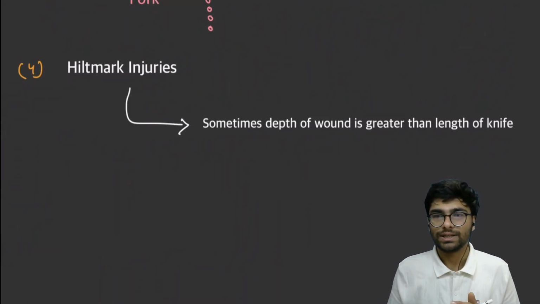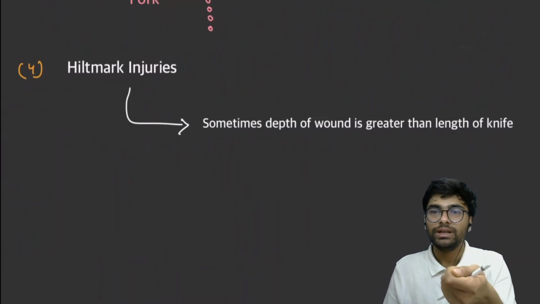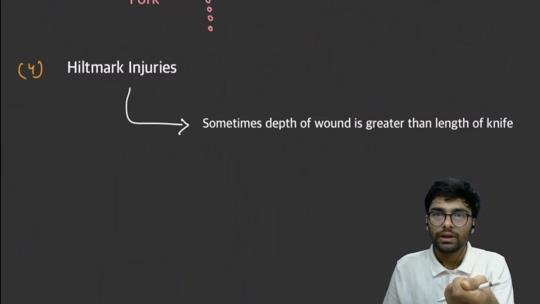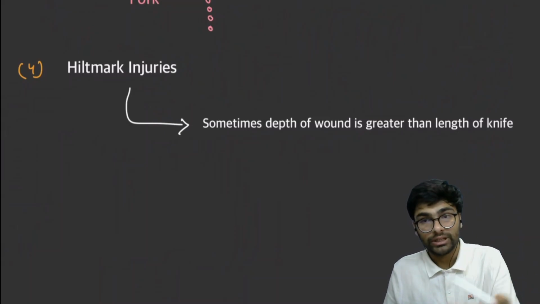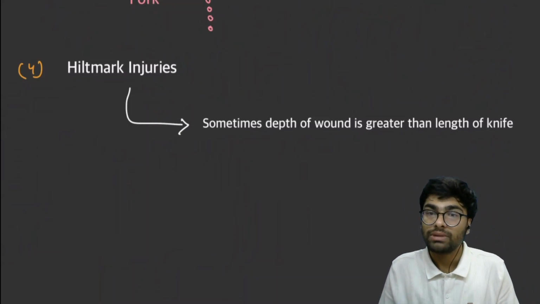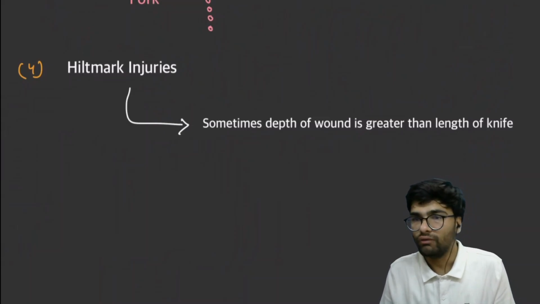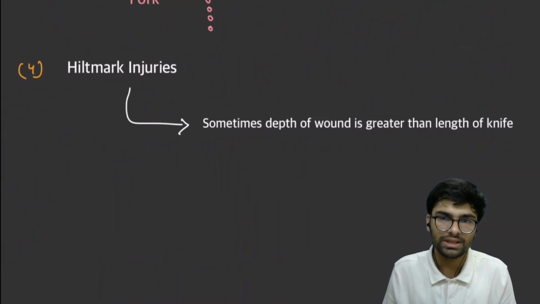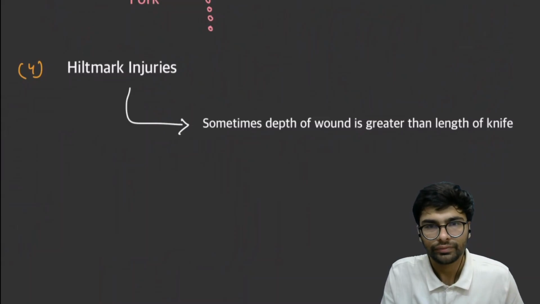But this is not the case. If you insert the whole 10 centimeter knife into the body, then the wound will be 11 centimeter or 12 centimeter or 13 centimeter. So this is what I've written. Sometimes depth of wound is greater than the length of the knife, and that is known as hilt mark injury. This is sometimes asked as a 2 marker.